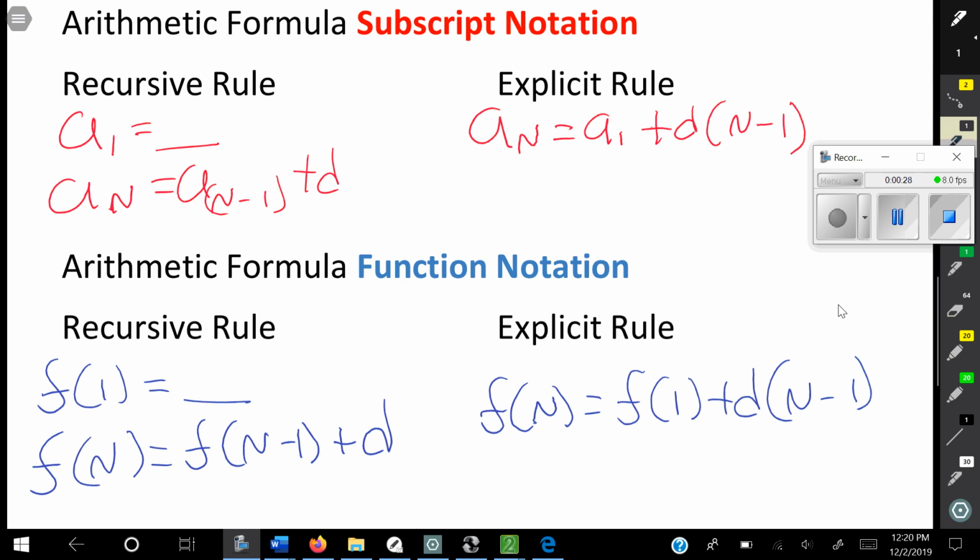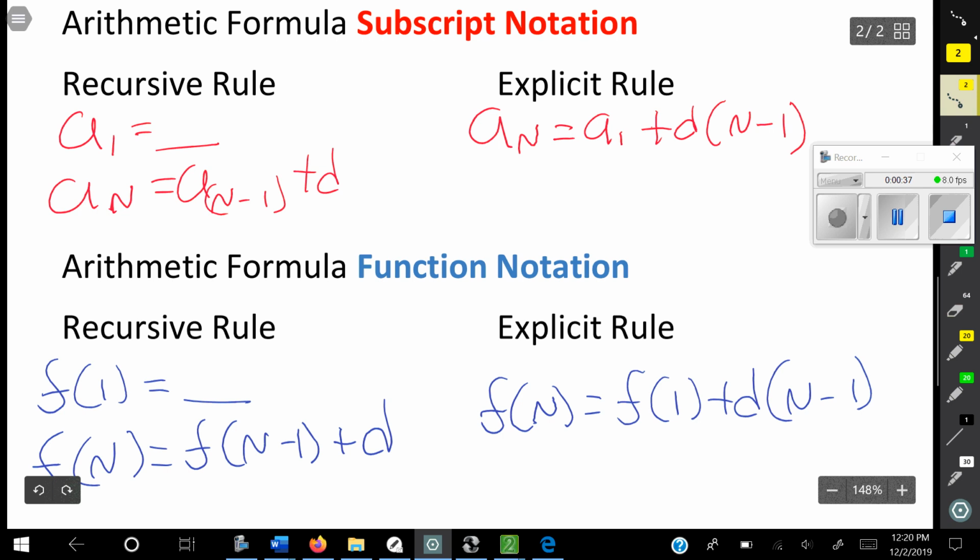And with the recursive rule, we have a sub 1 and a sub n, and that a sub is referring to the subscript on how you write the n or n minus one below, or the 1 below the a. Okay, and today we'll work with function notation. And with function notation, it's exactly the same thing. It's just written a little differently.